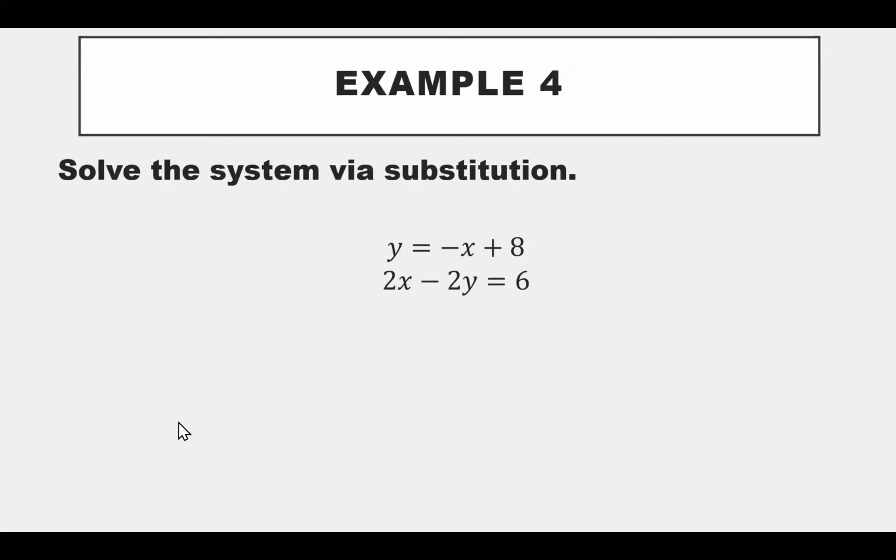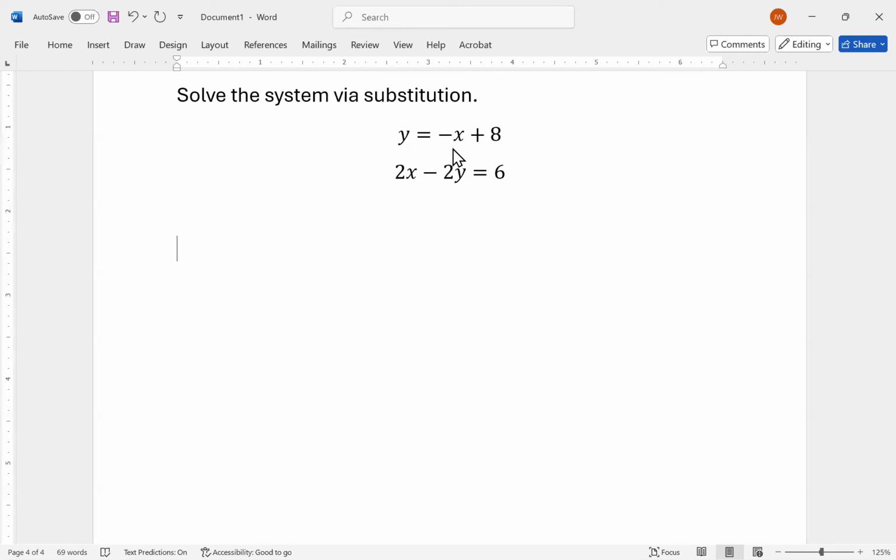Let's do an example. Here we have y is equal to negative x plus 8, and 2x minus 2y is equal to 6. That's the system of linear equations I'm looking at. So this one is set up nicely for substitution.